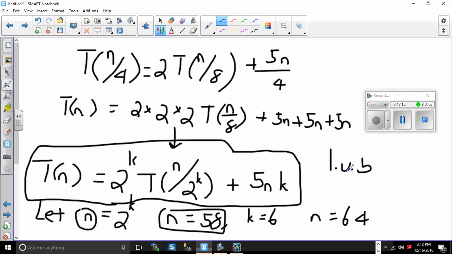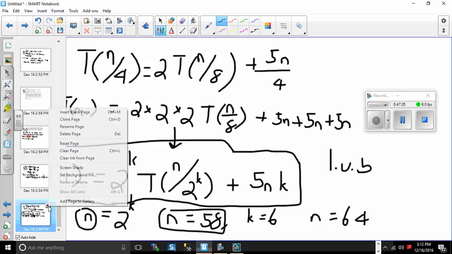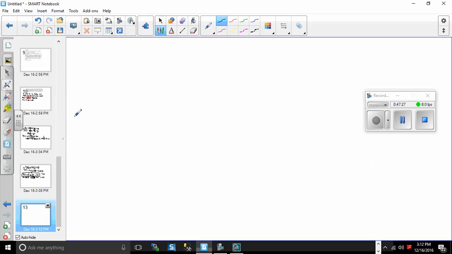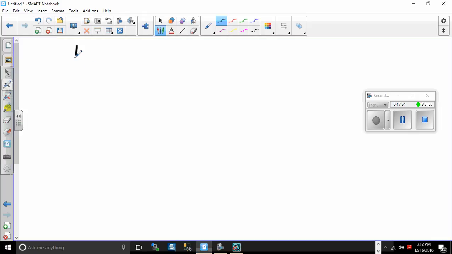So now we can make some further simplifications. With this assumption, let me open up another page. All right. So if we cap the choice of n to be the next power of 2, so if we let n equal 2 to the k, so instead of having some precise number for n, we'll cap n to be 2 to the k for our estimate for the number of visits.